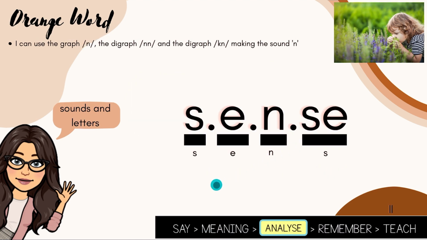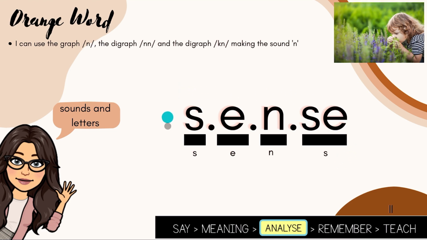All right, let's look at the sounds that we can hear. We can hear the sounds s, e, n, s, sense. And the letters are S-E-N, S-E. So you need to remember that this S-E digraph is making that S sound.